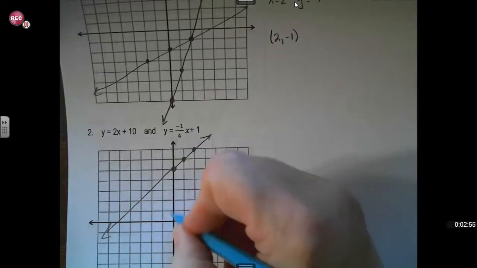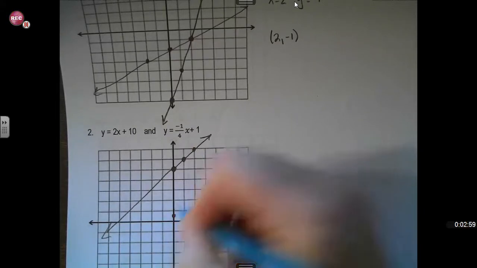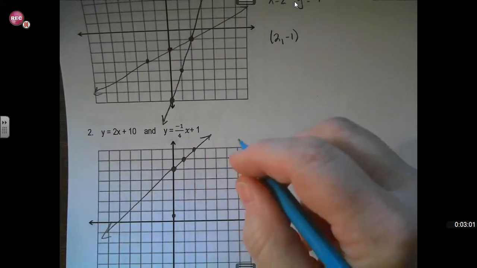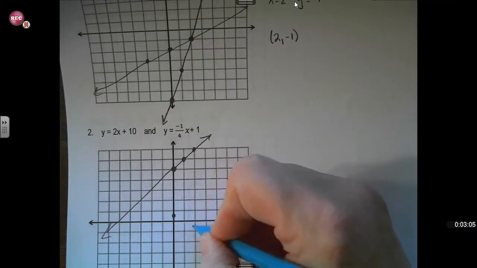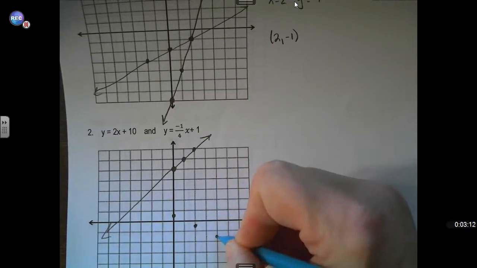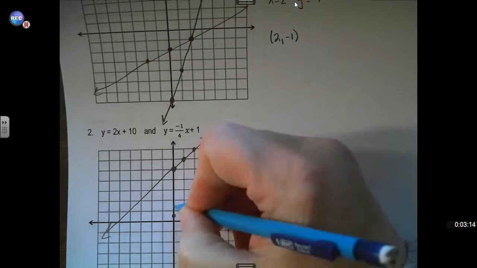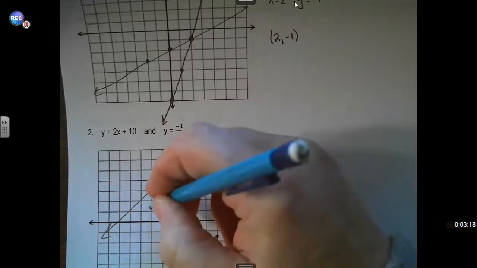Then the other one, the y-intercept is at 1, which is actually at the halfway mark because, again, I counted by 2s. The slope is down 1 and over 4, or up 1 and over 4. And we draw this in.